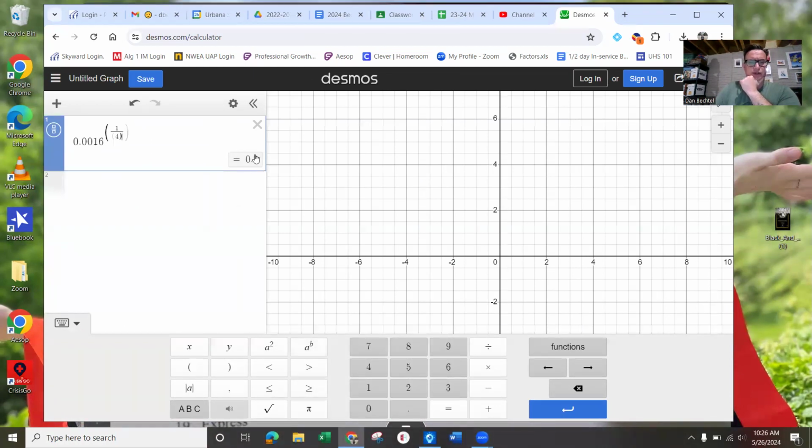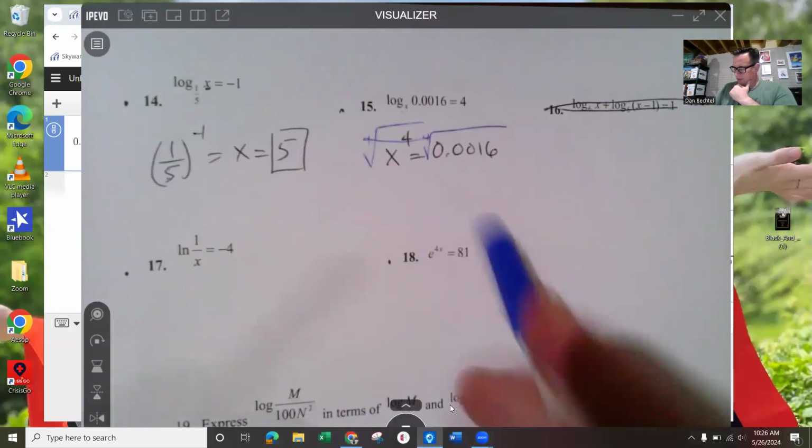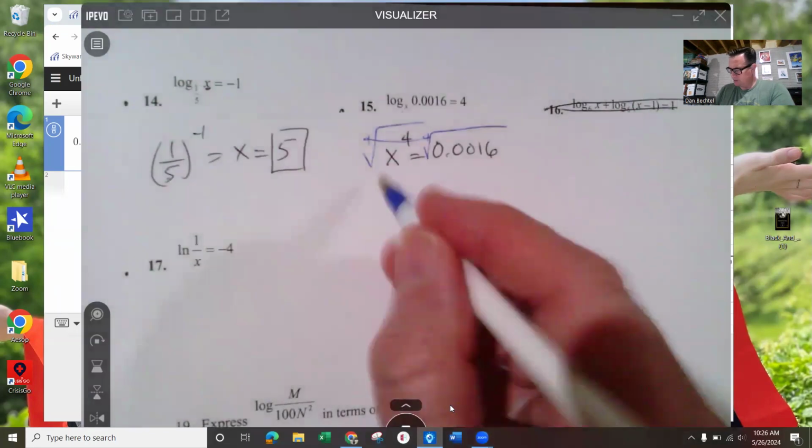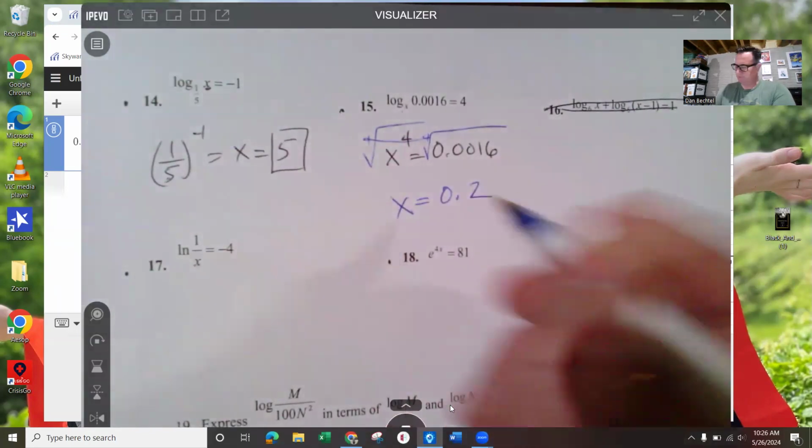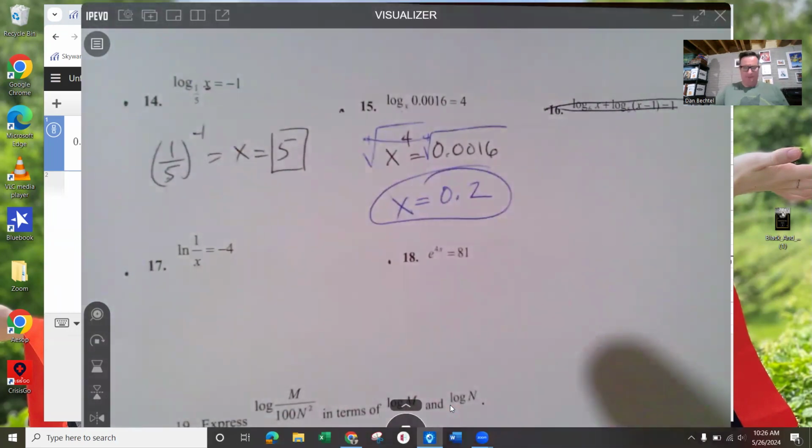And it's going to be 0.2. Again, that's probably not the best way for us to do it, but it's what we do when we're recording. So x in this case, because those cancel out, is equal to 0.2. Boom. All right, back at it.